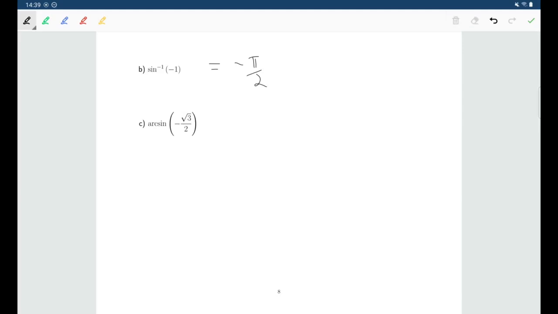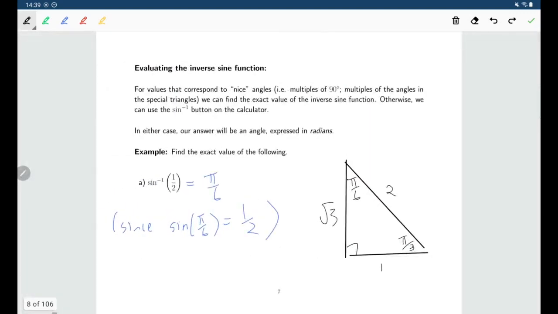So now what am I going to do? I'm going to start off by first thinking about where do I get a value for sine of root 3 over 2. And if you're going back again to that special triangle we had on the previous slide, for sine, you know that root 3 over 2 would be the output if your angle was pi over 3. Sine of pi over 3 would be opposite over hypotenuse, or root 3 over 2.